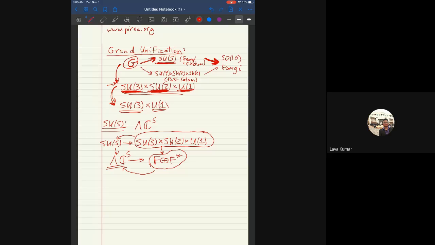Okay, and then for SO10, when we embed SU5 in turn in SO10, we'll see how lambda C5 precisely gets combined into a single irreducible representation, namely the Dirac spinor.